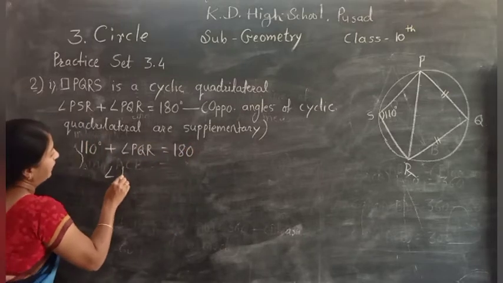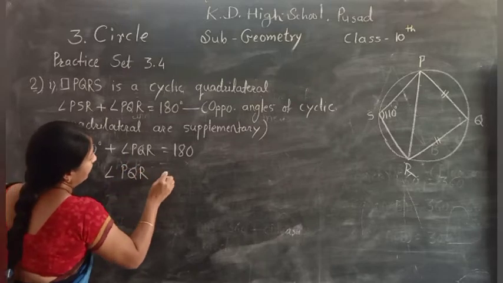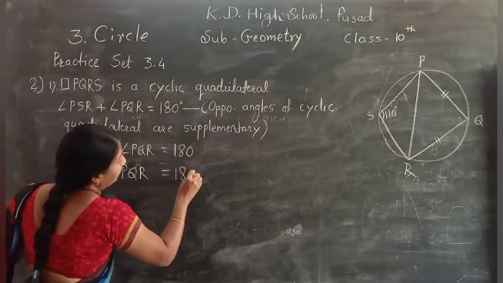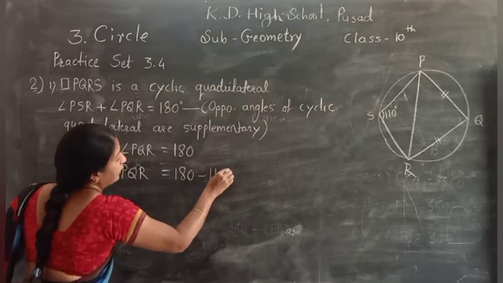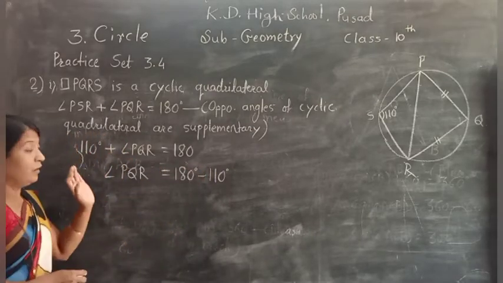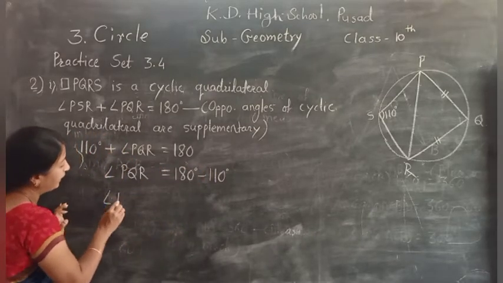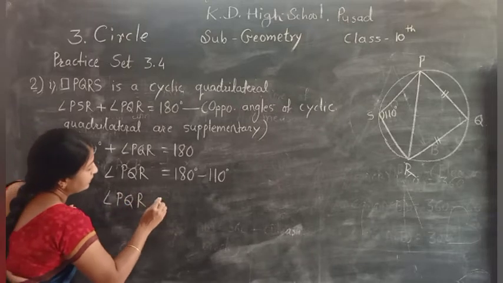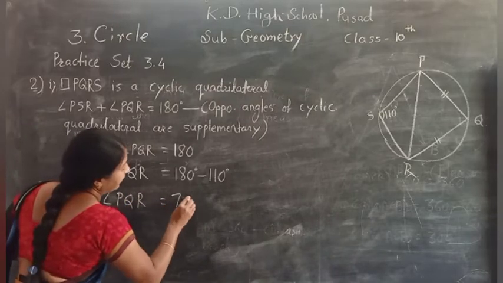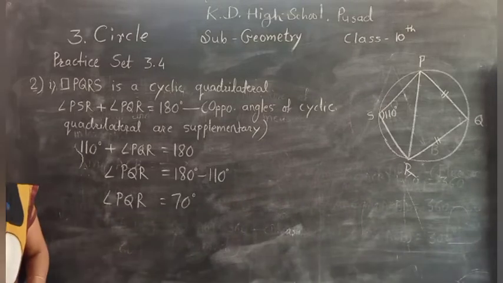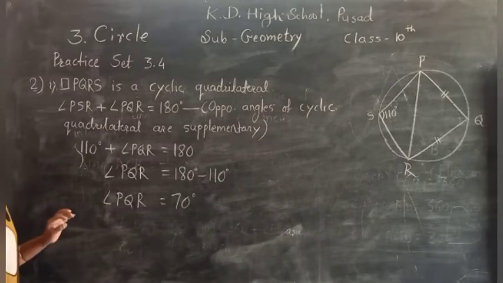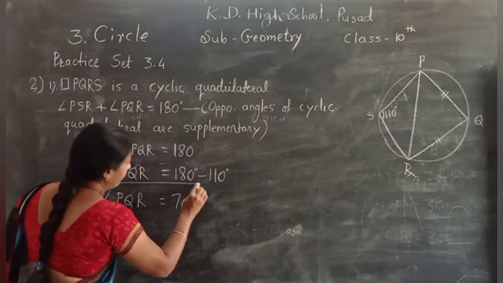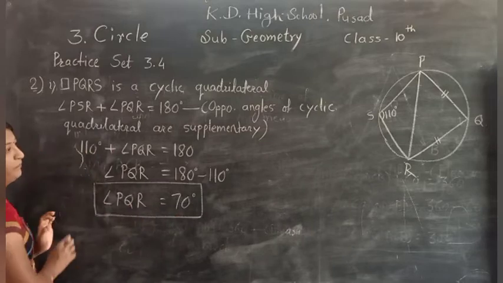Therefore, angle PQR is equal to 180 minus 110 degrees. We get angle PQR is equal to 70 degrees. That is our first sub-question, measure of angle PQR. It is 70 degrees. Okay.